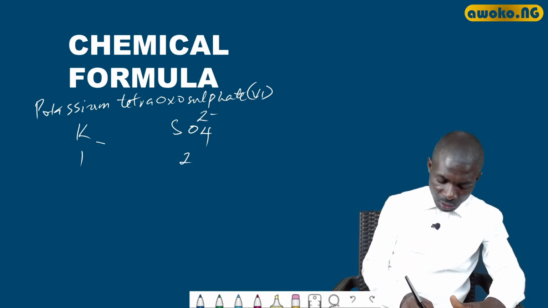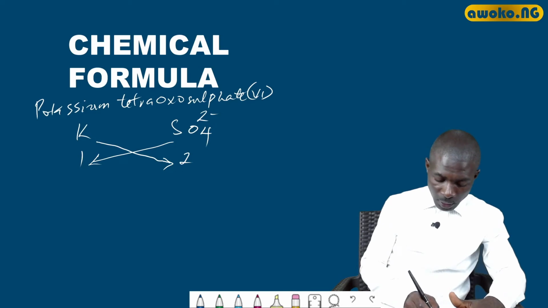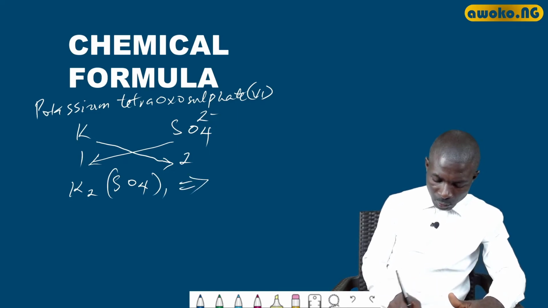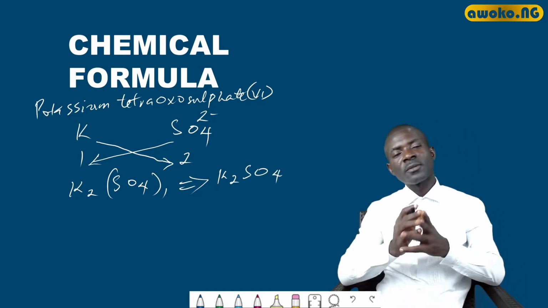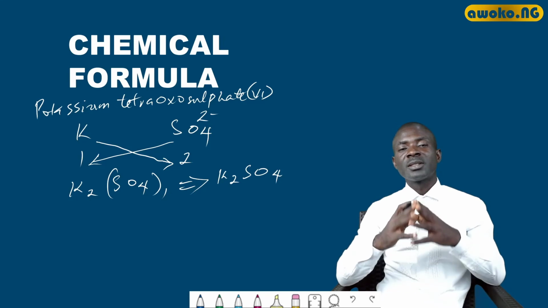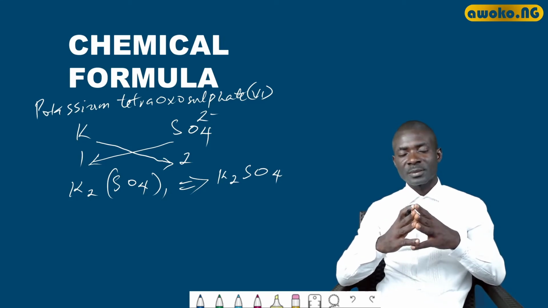So by interchanging their valencies, we will have something like this. Okay, so we have the potassium K2 and SO4 bracket 1. So rewriting this, we have K2SO4 as the correct formula of potassium tetraoxosulfate 6.